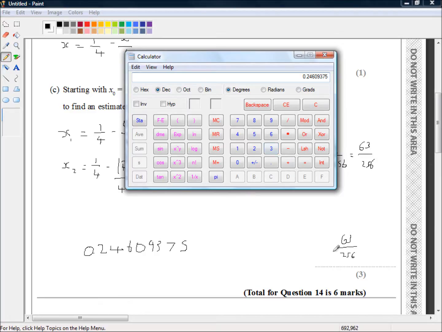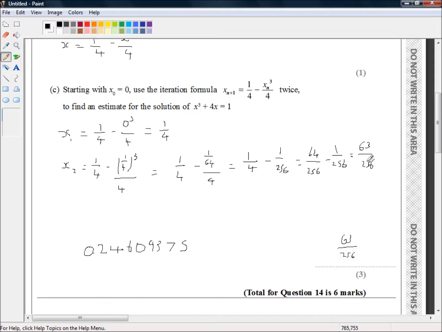So those are equivalent. So you didn't really need to worry about subtracting fractions. You could have just shoved the whole lot in your calculator if you're confident in using your calculator. Either way should have got you your full marks. Okay, I hope that was helpful, and I'll see you in another video.